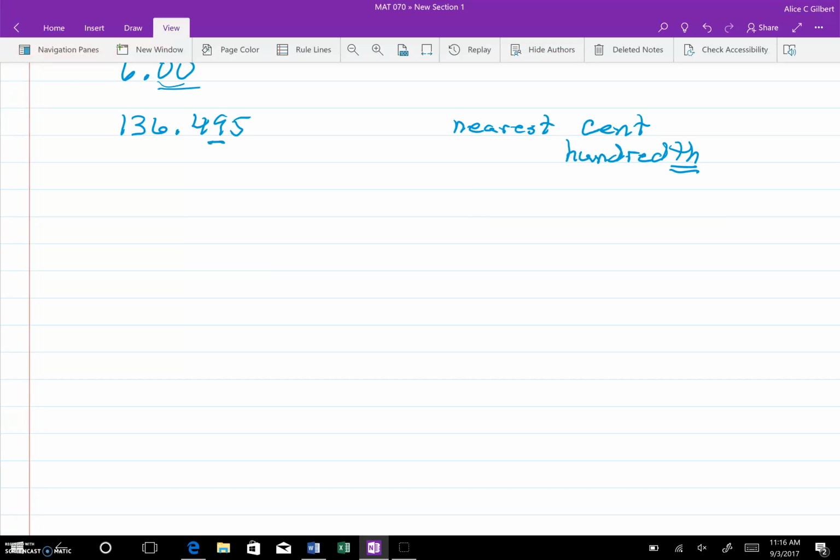So tenths, hundredths. So I'm going to round to there. Okay? So that 5 is going to be gone, but I still need this guy. He's 5 or greater, so I'm going to add 1. And so that's 10. 4 and 1 is 5. 6. And that's our rounded number.